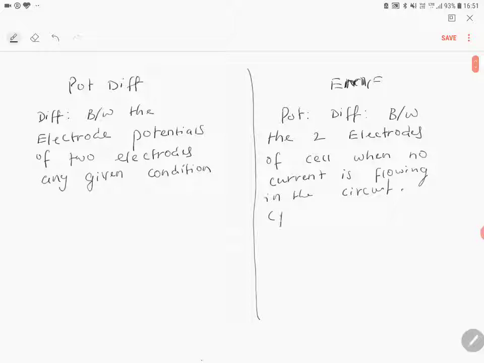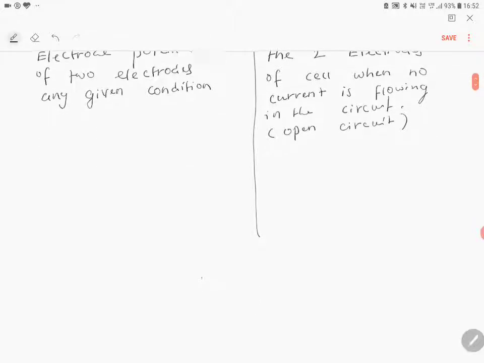Meaning, this is generally representing an open circuit. So only in the open circuit will the current not be withdrawn from it. This is the first point of difference.